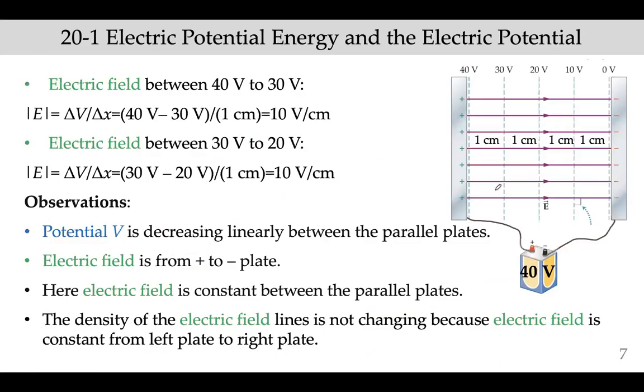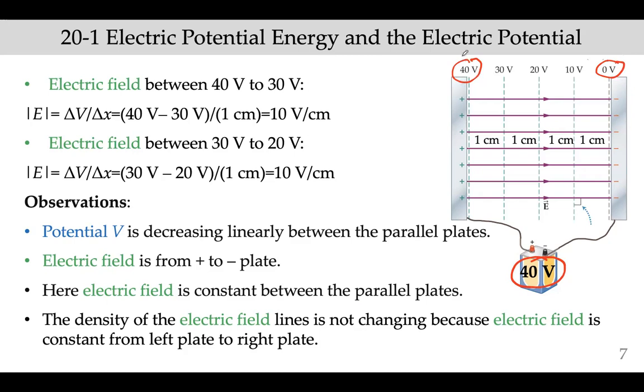So again, let's take a look at it here. Now we have a battery of 40 volts. It's connected to 2 conductors. Let's choose the conductor on the left to be at 40 volts and the one on the right at 0 volts. Again, it doesn't have to be like this.